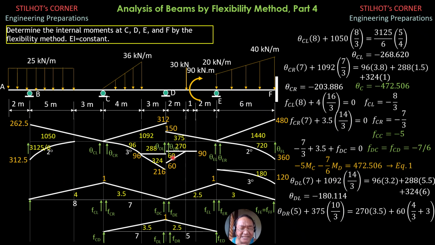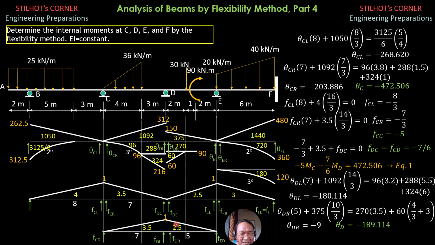Then plus 60, 2 thirds of 2 is 4 thirds plus 3. So that's why the moment arm of 60, this 60 here area, is quantity 4 thirds plus 3. Solving for theta D right, it is equal to negative 9. So theta D, which is theta D left plus theta D right, is negative 189.114.